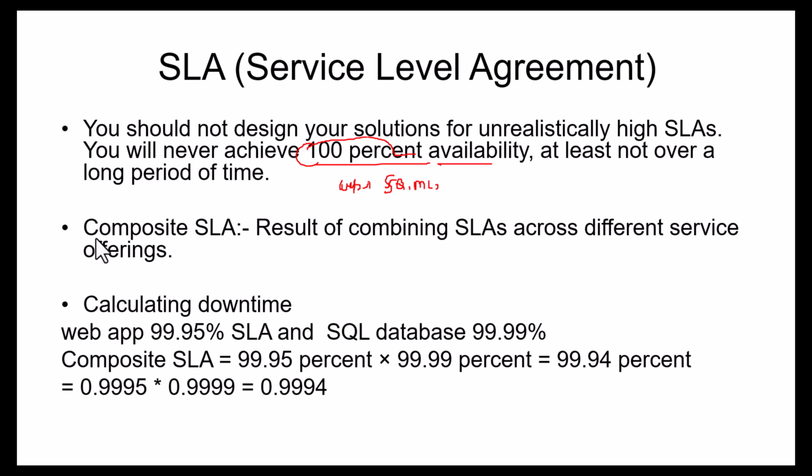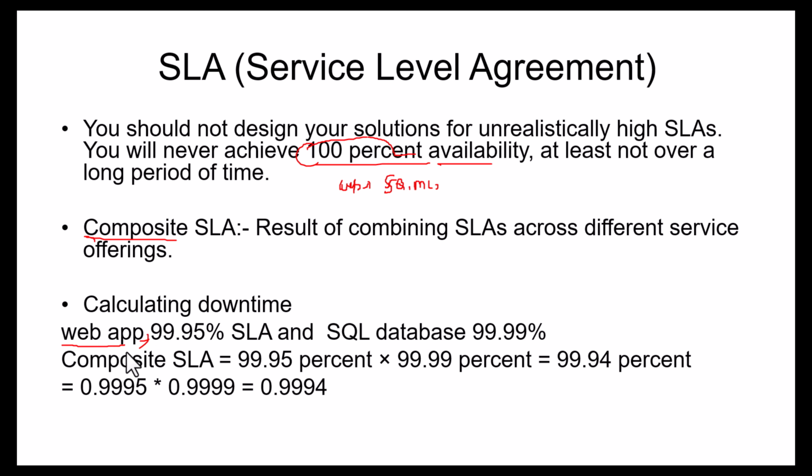There is another important term which is called Composite SLA. It's just a combination of different services, whatever you are using. Let's say if I want to deploy an application, I am using Azure resources, that is the web app.